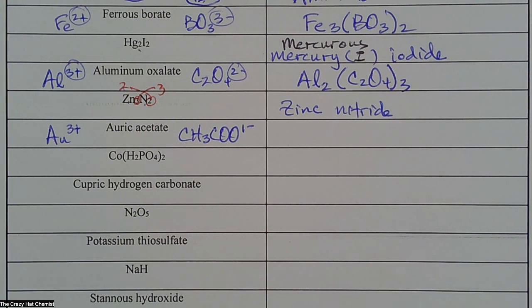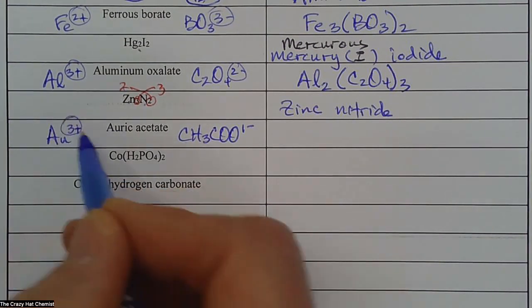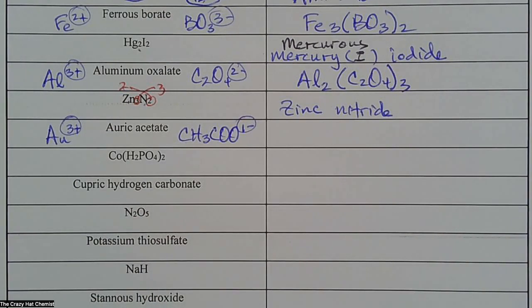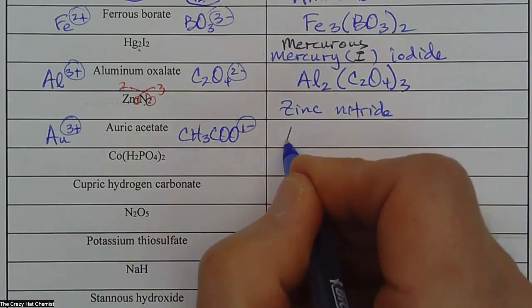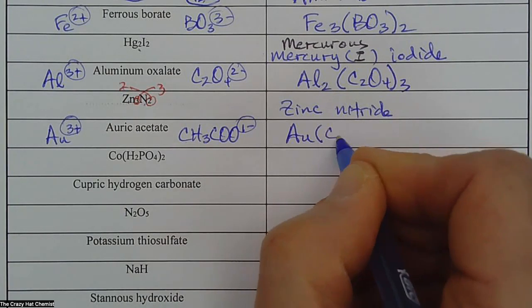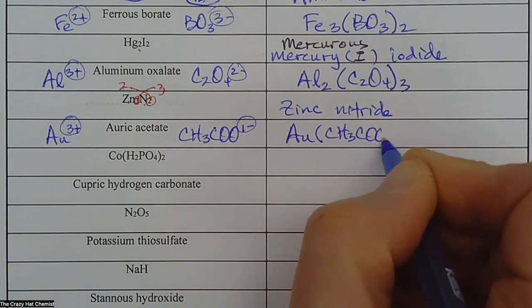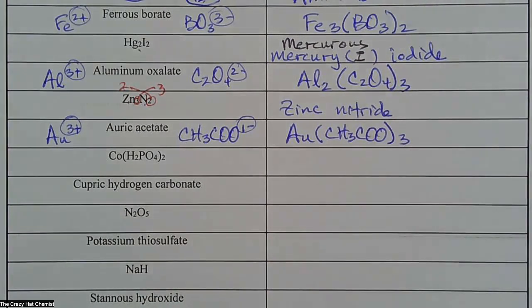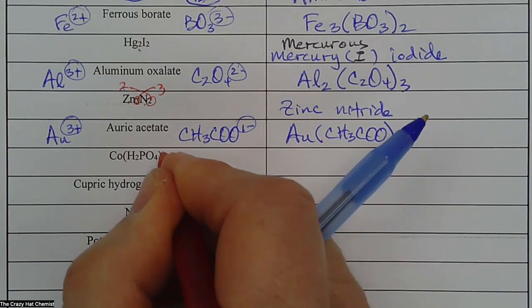They like other ones. So I'm going to skip that one here. Okay, so we're going to take the absolute value of these two charges, flip them, bring them down, and I get Au parentheses CH3COO parentheses and a 3. Boom, looking good.